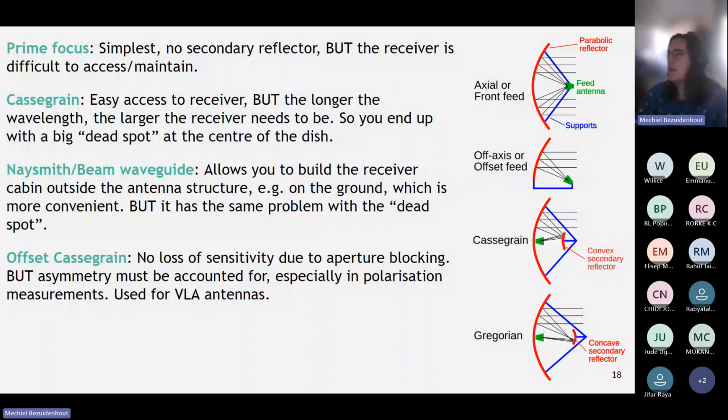BLA antennas. And then there's another type of antenna that wasn't mentioned in this previous diagram, called a Gregorian antenna, and that's shown on the bottom right here.